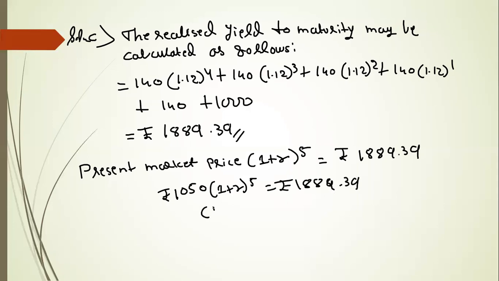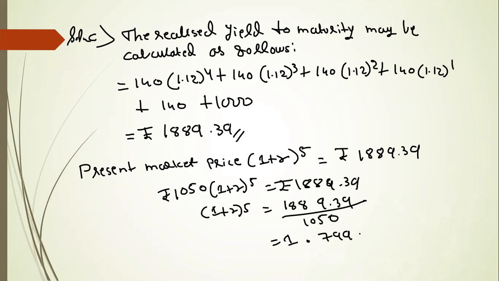So let's put just 1 plus R to the 5 here, and we will take 1050 that side. So 1889.39 divided by 1050. So we get the value, that is 1.7994, equal to 1 plus r raised to 5.